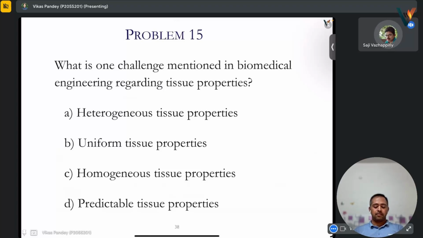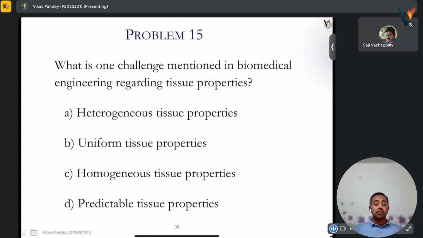Because it is not a normal material where one property will be there. This is an organic material, organ and tissue. It is not obeying Hooke's law or any other law. So no law is there. Each tissue, though it looks similar and is of the same type, will still be different.